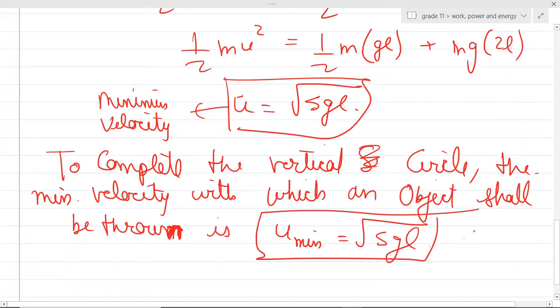This was the derivation which is there in your school. Clear?